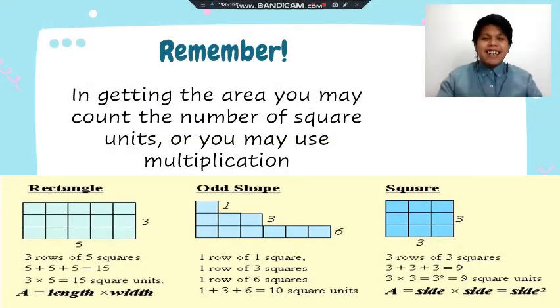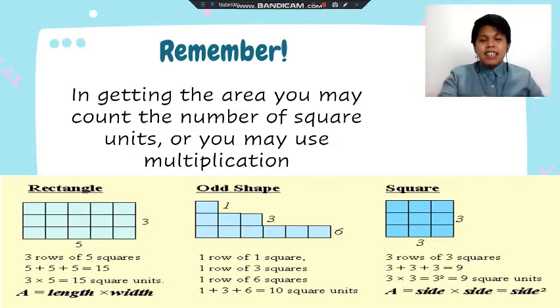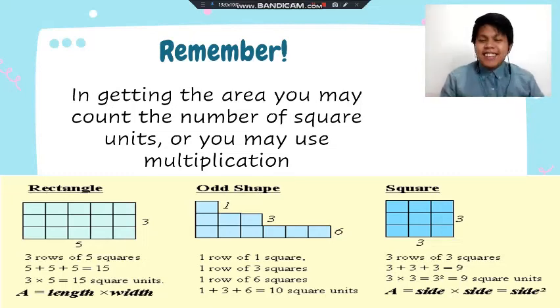So for a rectangle, you just multiply the width and the length. For an odd shape, you just count the rows and then add them up. For the square, just simply multiply again the sides. Okay? So I hope that you won't forget this one because it will be much easier for you to get the area.